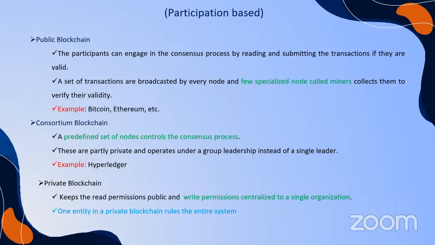So an example is Hyperledger Fabric. I have already discussed some characteristics of the public, private and custodian blockchain, and why we use public, private and custodian blockchain.